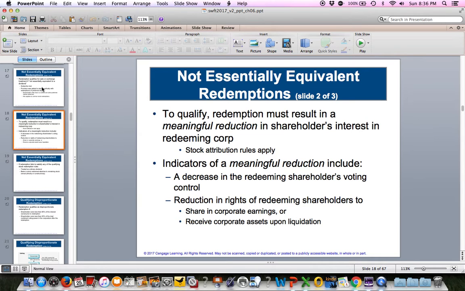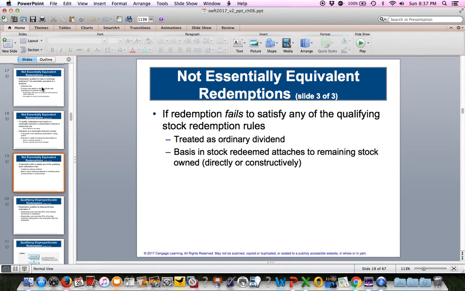To qualify, redemption must result in a meaningful reduction in the shareholder's interest in the redeeming corporation. Indicators of a meaningful reduction include a decrease in the redeeming shareholder's voting control, a reduction in rights of the redeeming shareholder to share in corporate earnings, or receiving corporate assets upon liquidation of the corporation.